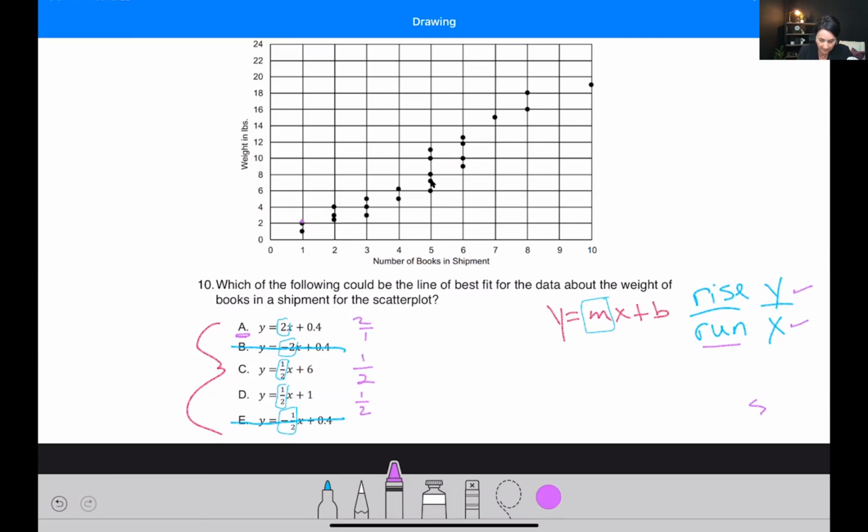And notice that, be careful here. These are 2s, not 1s. If you forget that, you'll think it's 1 and it's a 2. So when I start from 0 here, I went up 2, because 0 to 2 is 2, and I went over 1.